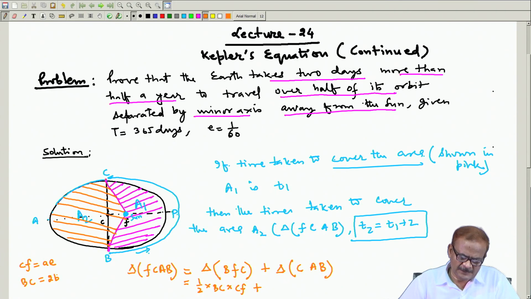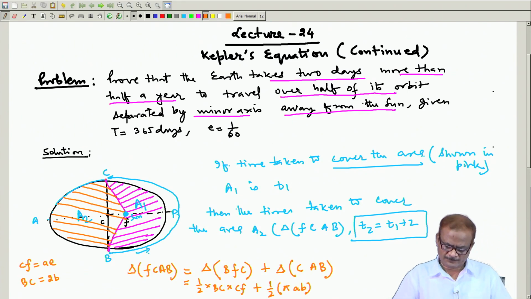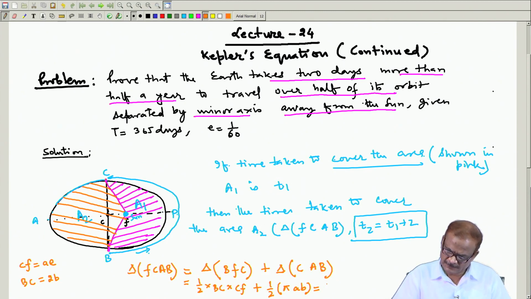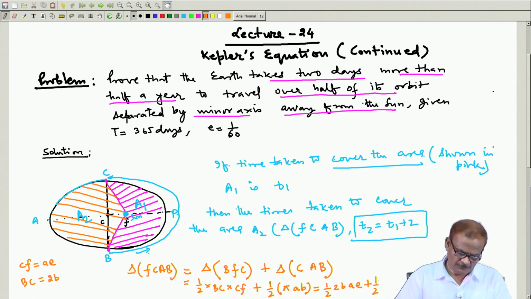And area C A B is half of the ellipse area, so 1 by 2 times pi A B, where pi A B is the area of the ellipse. So, all the things are available here. If we insert, this becomes 1 by 2 times B C equal to 2 b, and C F equal to A e, plus 1 by 2 pi A b.